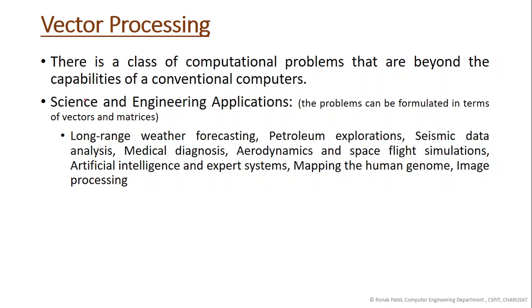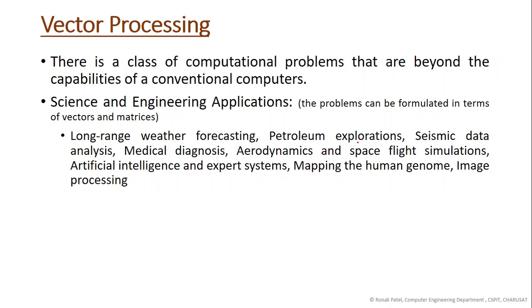In science and engineering applications, the problems can be formulated in terms of vectors and matrices. So your data is converted into vectors and matrices. The examples which require vector processing are long-range weather forecasting, where there is so much calculation and the data is in the form of vectors.